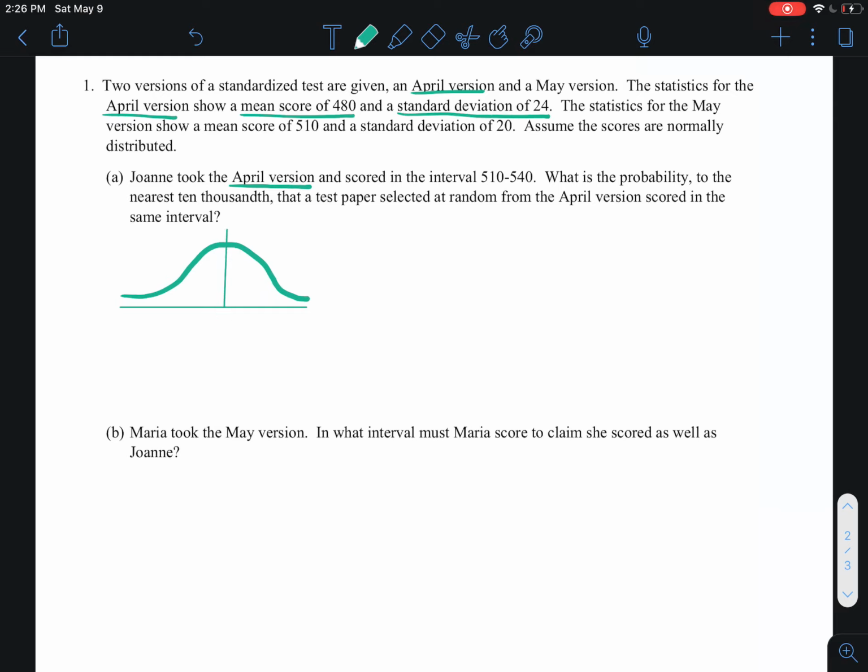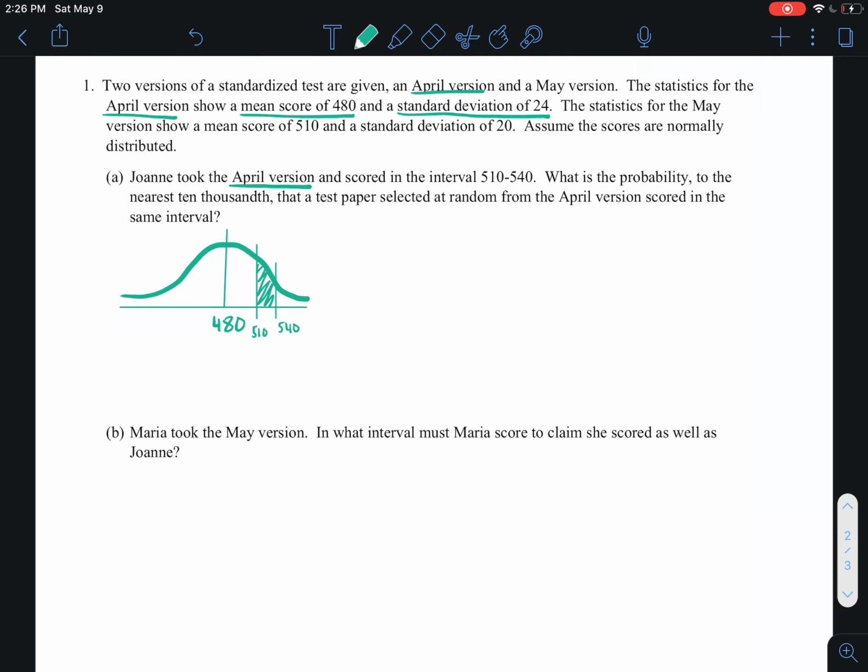Okay, so my mean is 480. That's in the center of my curve. She scored between a 510 and 540. All right, so we have 510, 540. And we're looking for this percent.